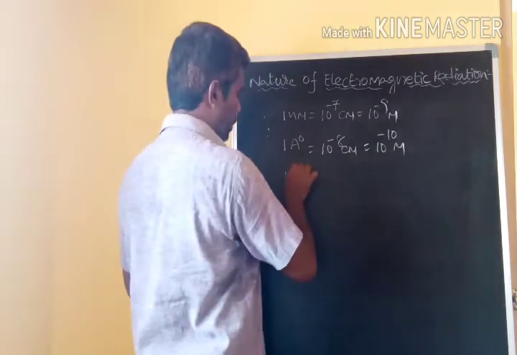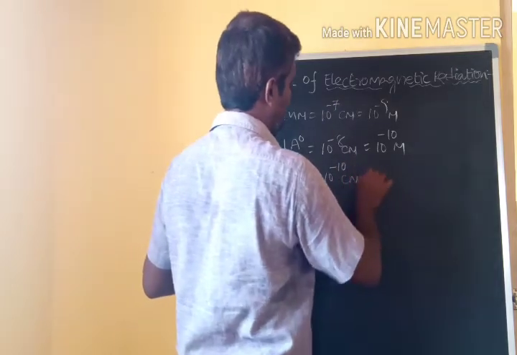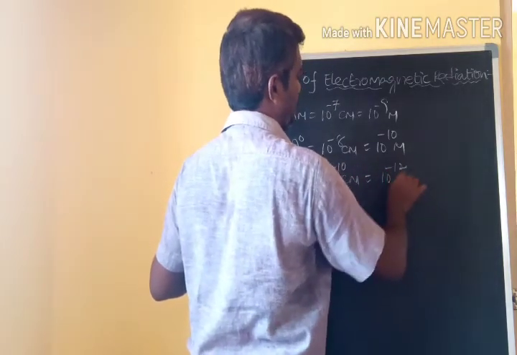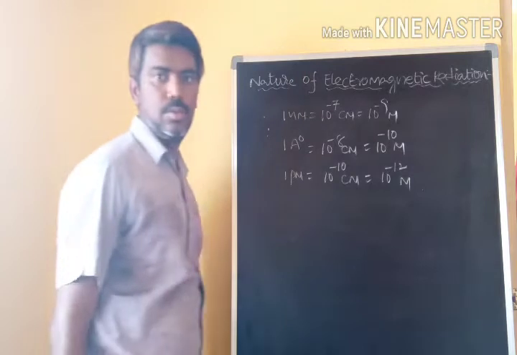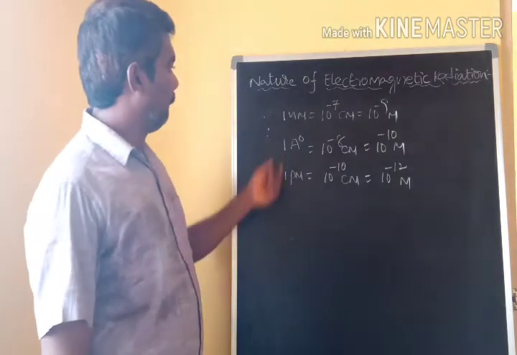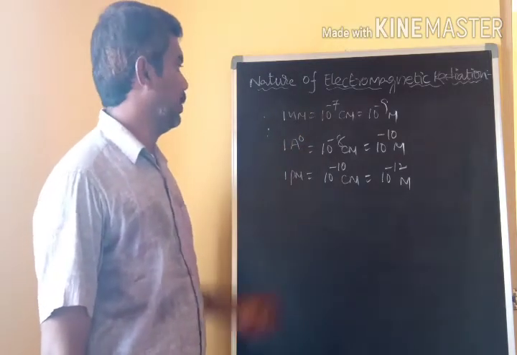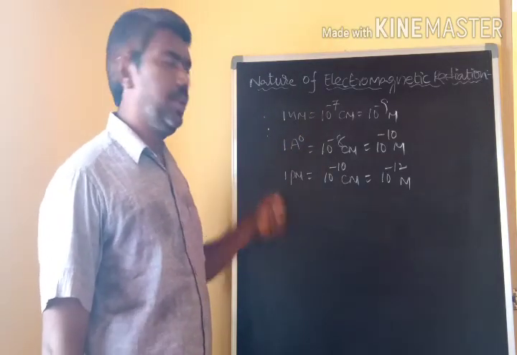And 1 picometer is equal to 10 power minus 10 centimeters, or 10 power minus 12 meters. These are the units of wavelength and their respective values: nanometers, angstroms, picometers.